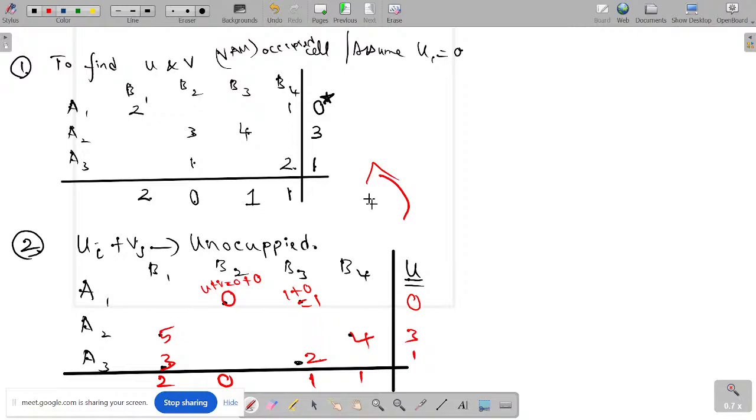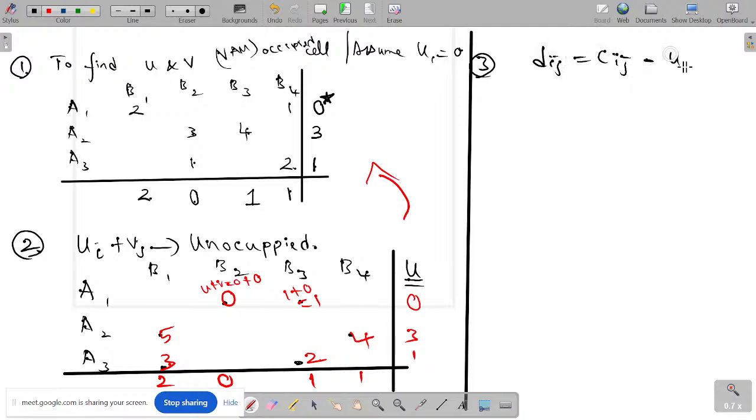Now let us go for table number 3. In table number 3, we are checking whether Dij is positive, negative or zero. Remember, Dij is equal to Cij minus Ui plus Vj. If it is 0 or positive, then our problem is solved. If it's negative, our problem is not solved.